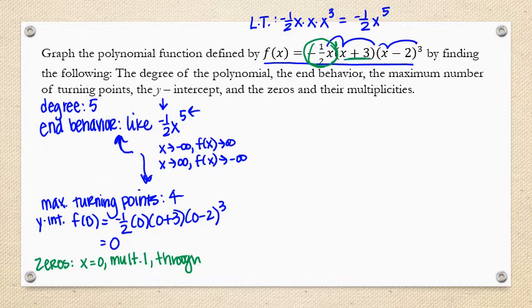This factor is going to equal 0 when x is -3. That also has a multiplicity of 1, which means the graph will go through. And then this has a 0 at 2, which has a multiplicity of 3, because that was to the 3rd power, which means the graph will go through there.